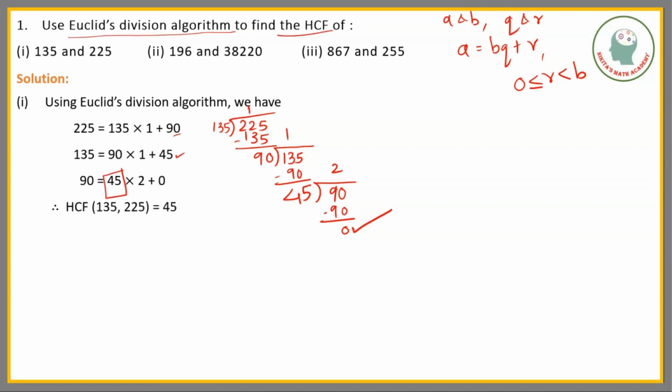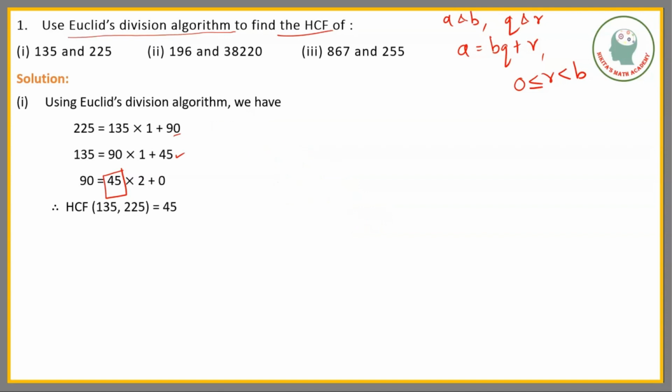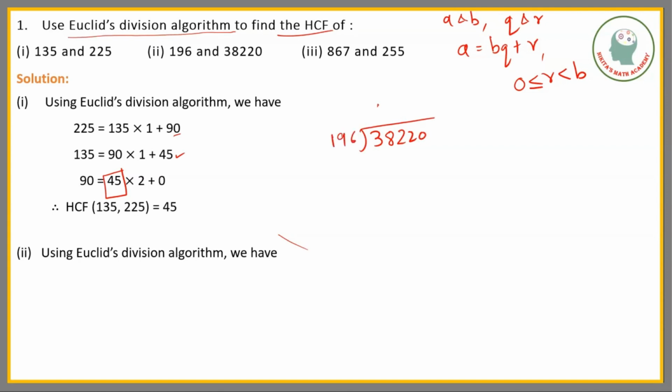I hope you have understood this. Now we'll solve questions number 2 and 3 with the same method. Now don't panic, students, because it's a big number. You just have to divide the bigger number by the smaller number. Now 196 ones are 196.